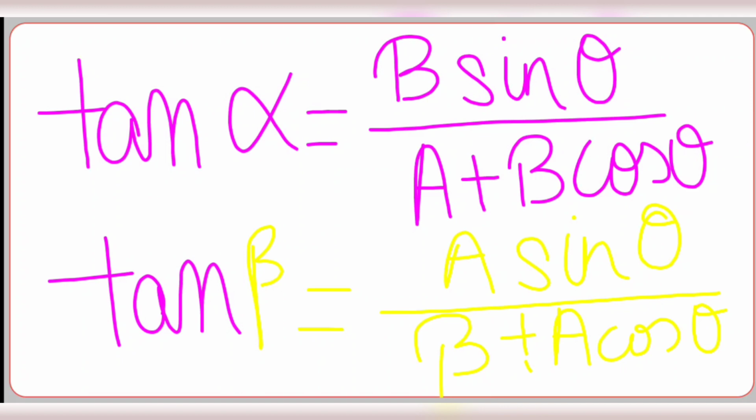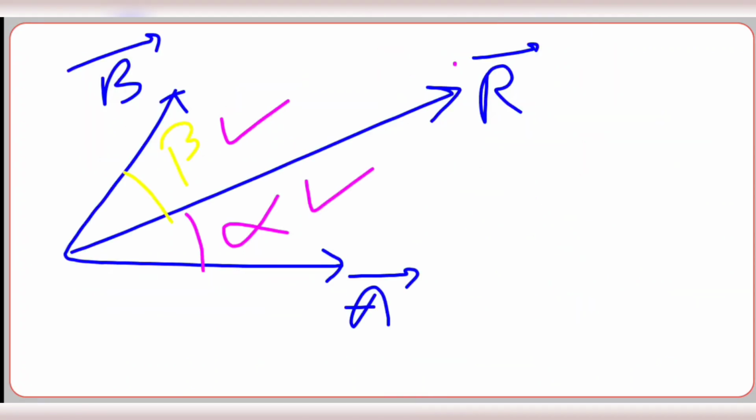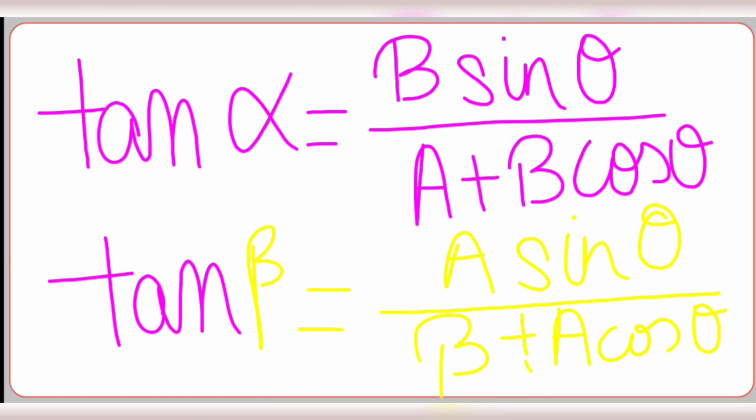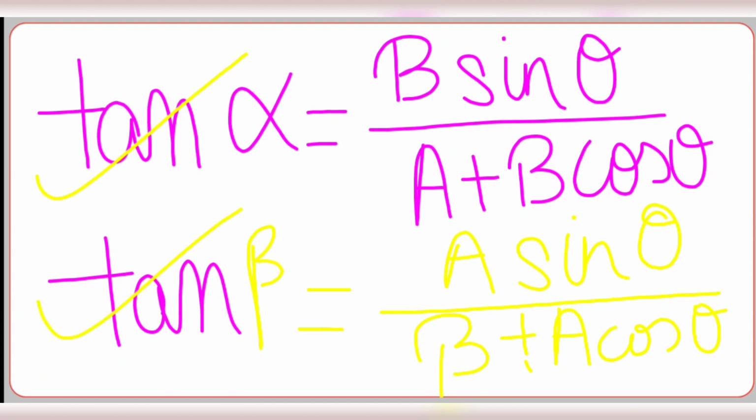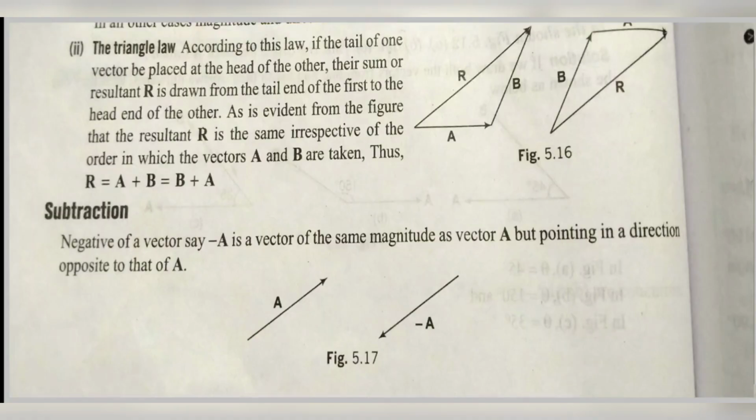If we have the tan alpha, here we have the tan alpha, so the tan alpha we will be taking out by this formula: b sine theta by a plus b cos theta. And if it's the beta, this angle, then we'll be taking it out with this formula: a sine theta by b plus a cos theta. Now we come to the triangle law.